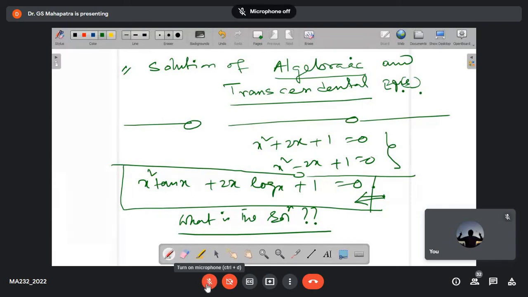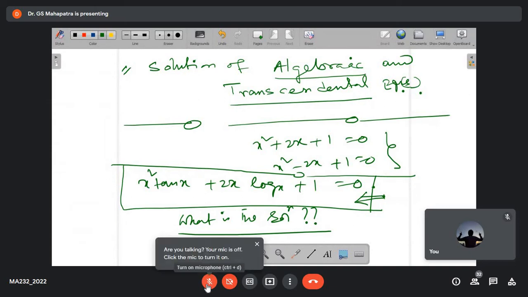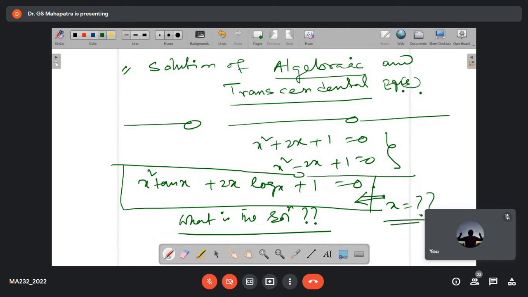If you remove tan x and log x, then you can solve x square. You can solve using that one. If I ask you to write down what is x, it's really tough to find from this type of equation, but here you can write easily: 1 and 1, repeated solution.